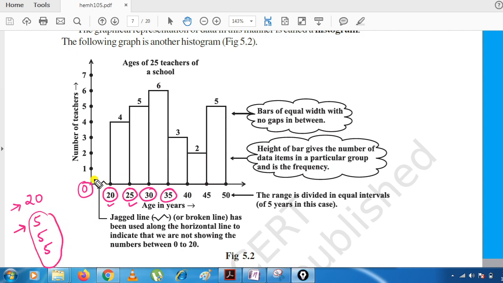So continuously you are getting a difference of 5. But when you were starting, because you started from this number 20 and here you have 0, the difference is going to be more. What it should be is 5, but here the difference was 20.